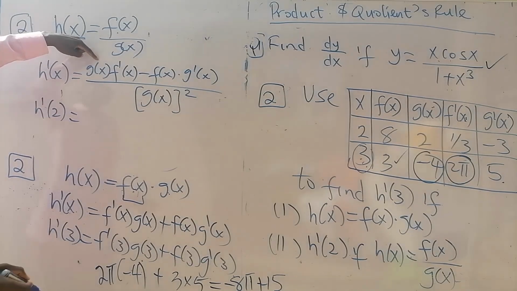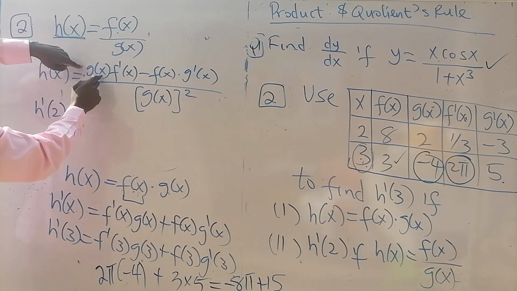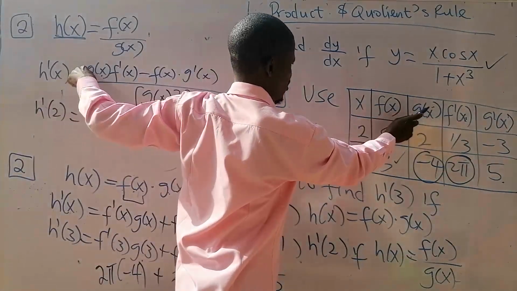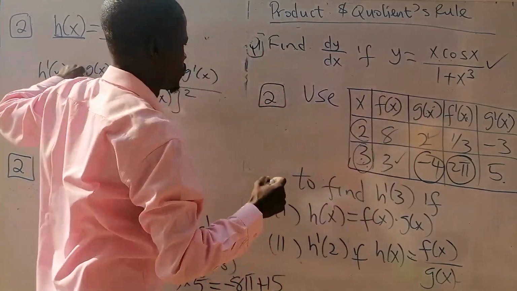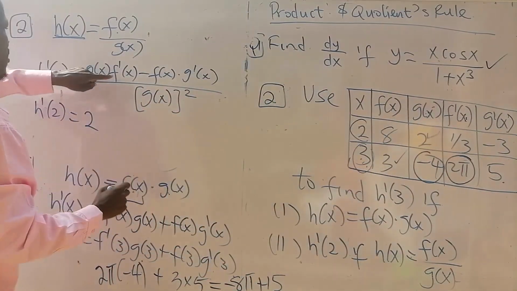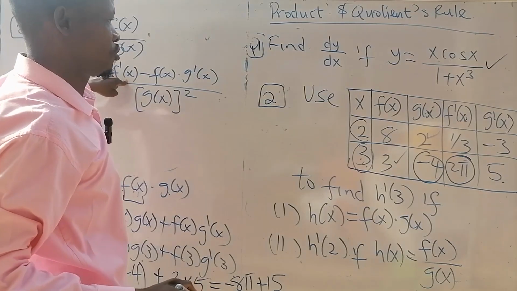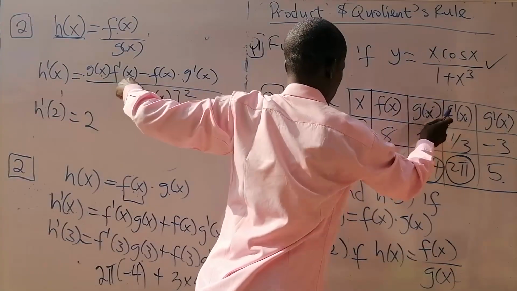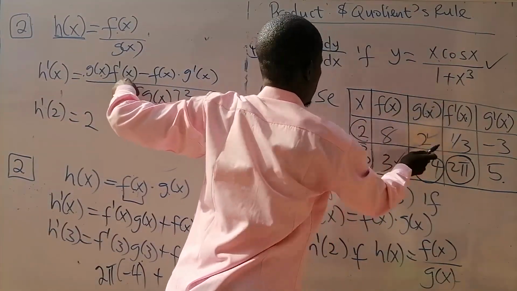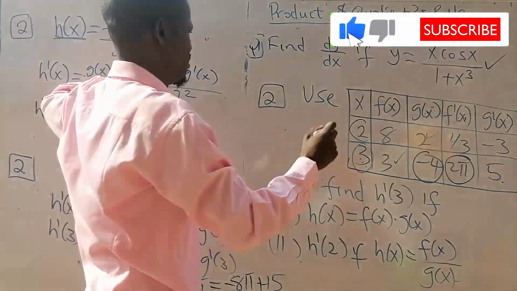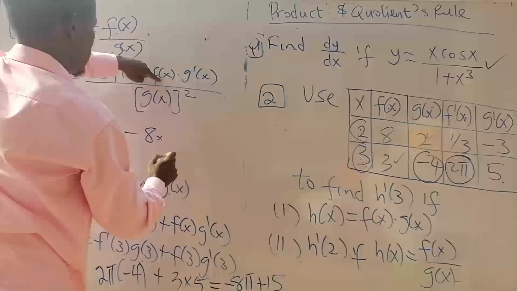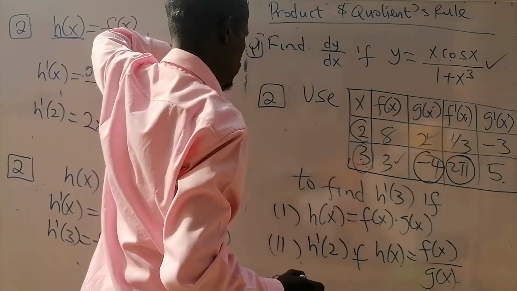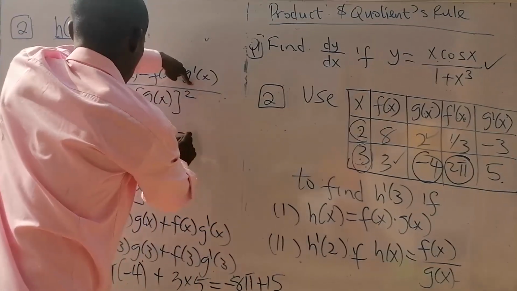Then we now begin to substitute. That will be g of 2, this is g of x at 2. You put it there. Then f prime at 2, that's 1 over 3. Then minus f of x at 2, that's 8 times g prime at 2, that's minus 3.